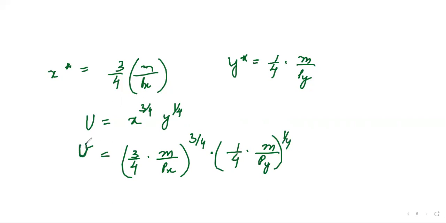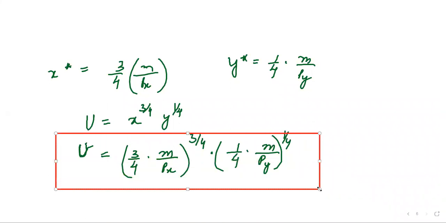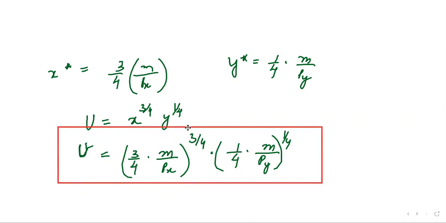Now, this is important. Notice that after putting the optimal values of x star and y star in my utility function, the utility function that I have derived is a function of income and prices.